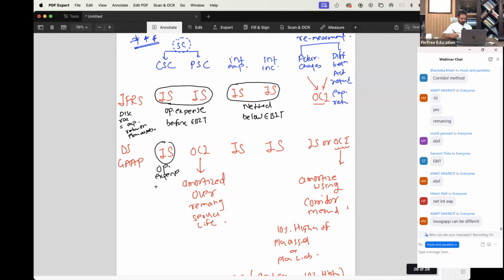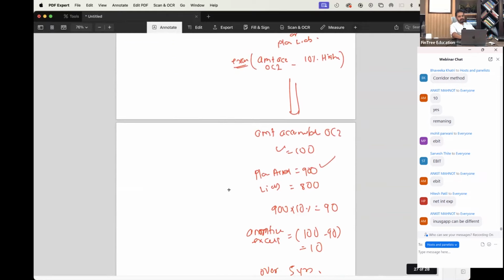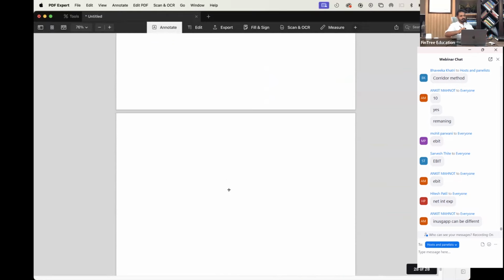This is operating expense. Then under US GAAP, these two items are not netted. They are shown separately. They are shown below EBIT.